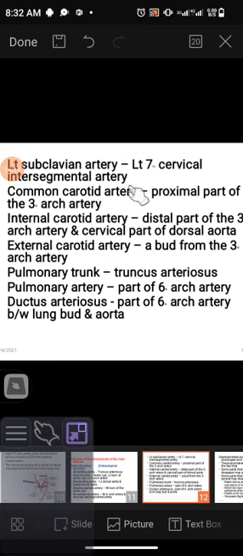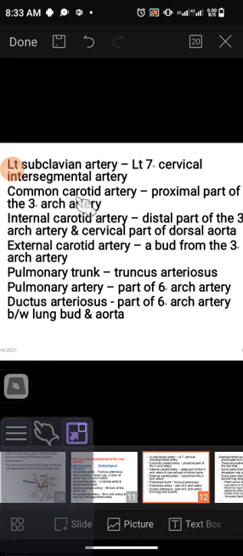Common carotid artery. The external carotid, I told you, apart from the third arch artery, gives us this. The common carotid is coming from the proximal part of the third arch artery. So anything about the third arch artery should be carotid. Just remember that the external carotid is going to be from the bud from the third arch artery.